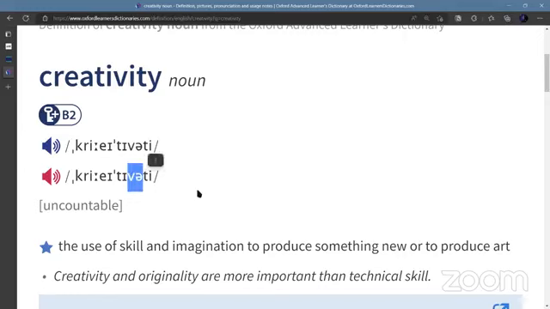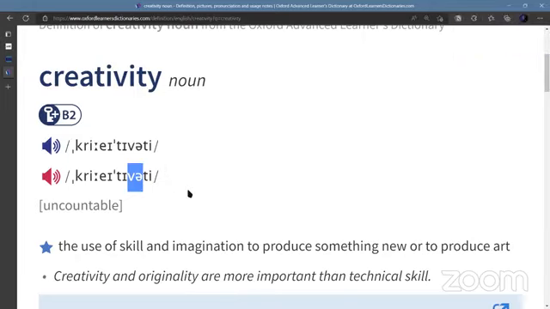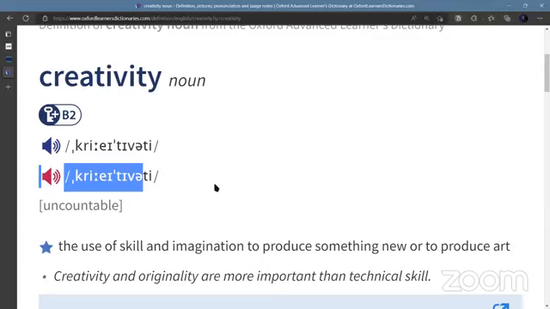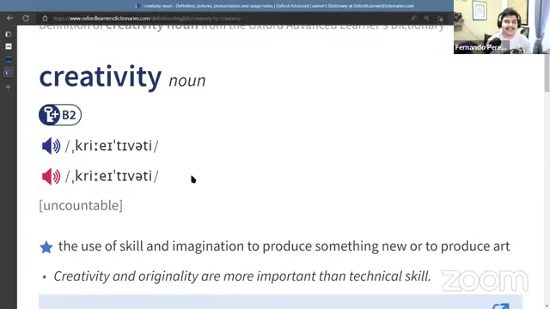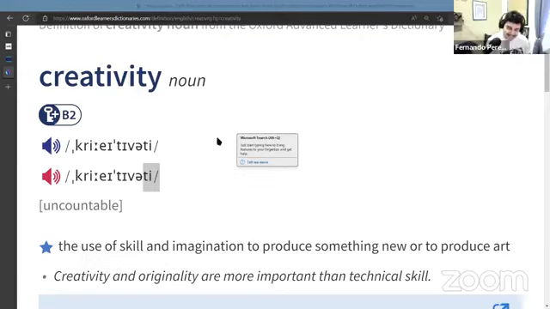Syllable number four, vi. Okay. This one is ty. Creativity. Excellent. Creativity. That's right.